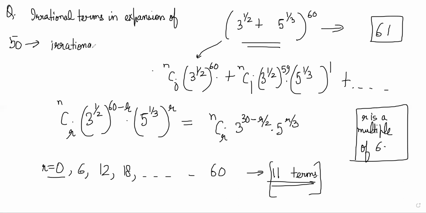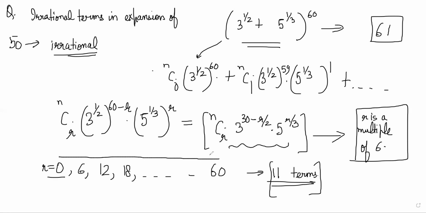So look at the general term and see when it doesn't become irrational. You have to make R divisible by 2 also and divisible by 3 also, right? Correct. Then only you cannot have roots. So R should be a multiple of 6 and therefore these are the values of R at which it will be rational, right? That is this one. Then what other ones are there?